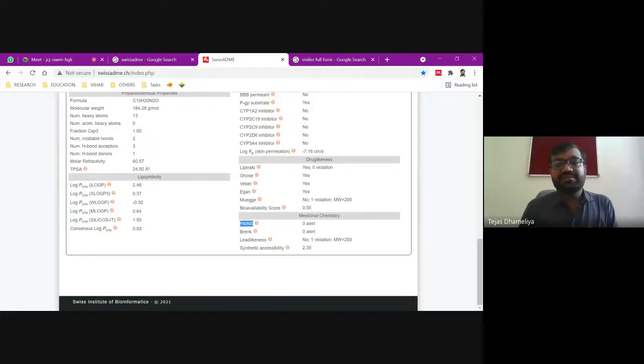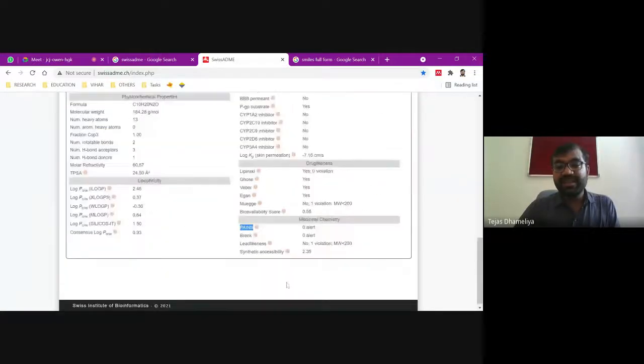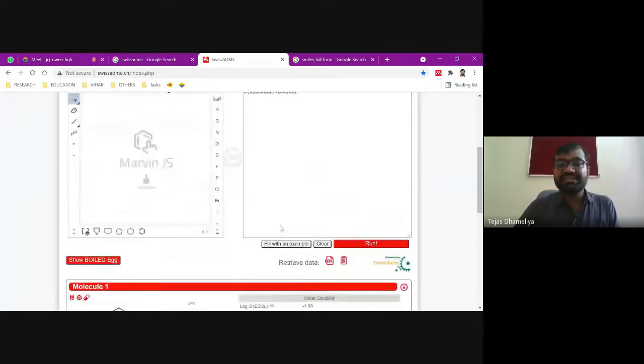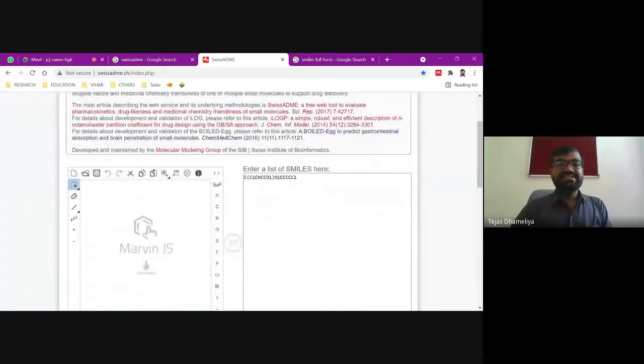Many good journals rely on this, but whether it will be a better compound or not, or does it belong to PAINS or not? This is a new science developing. I will not go into the depth of this, but this software also allows us to predict whether it is a PAINS or not. So this you have predicted using Swiss ADME for only one molecule.